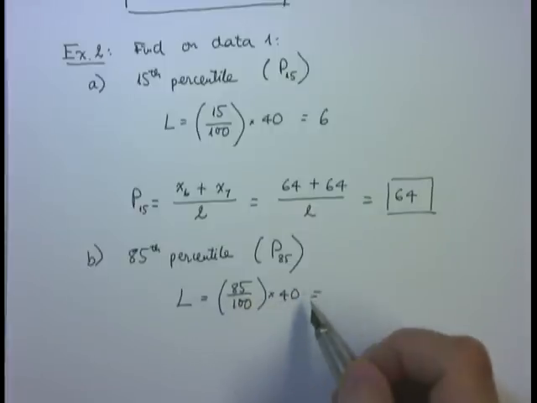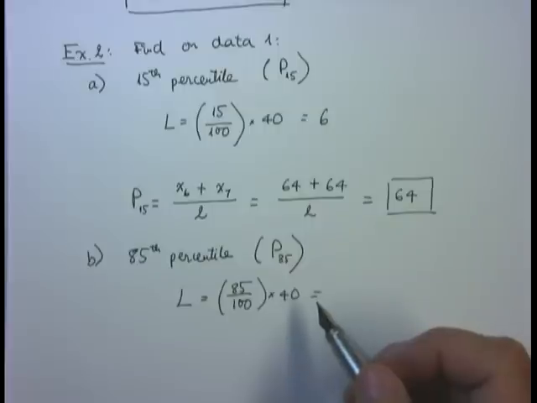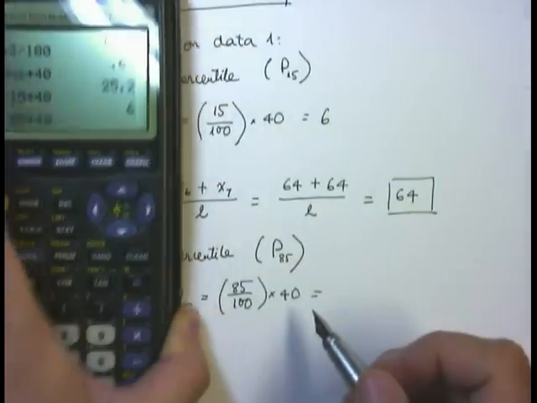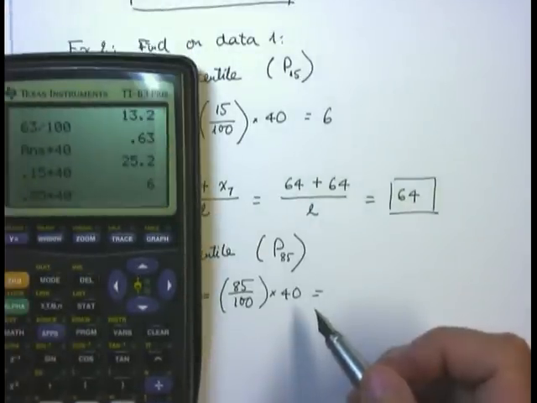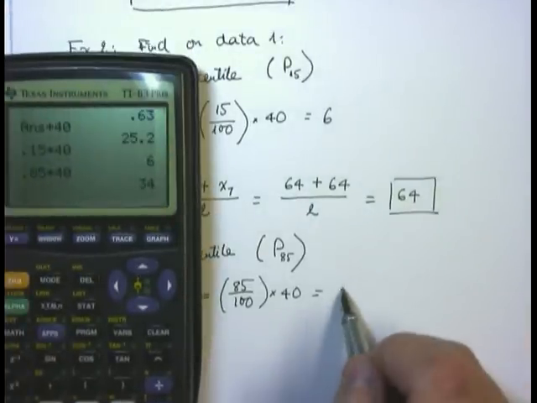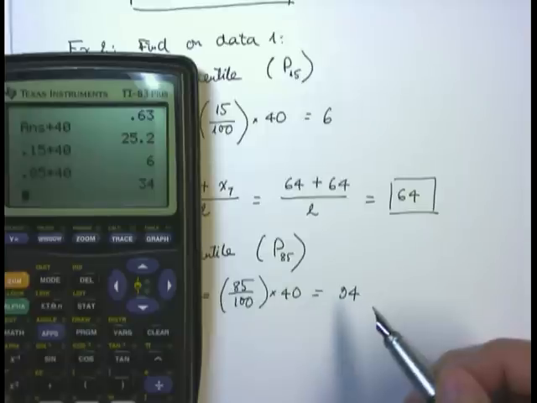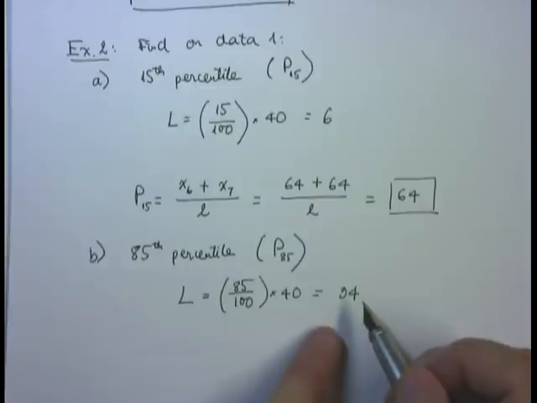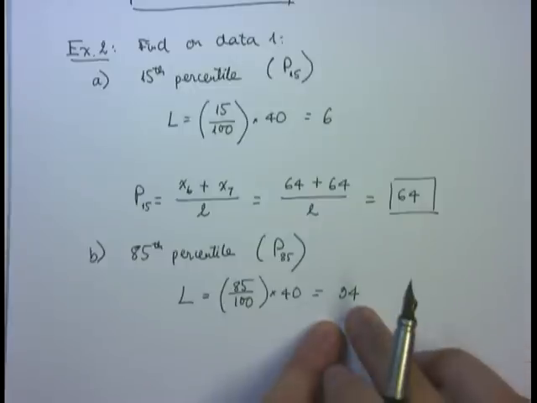That math gives me 0.85 times 40, and that is going to be 34. Alright, and so now 34 is only a locator.